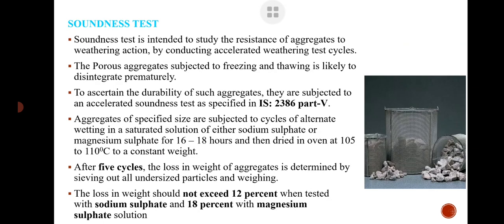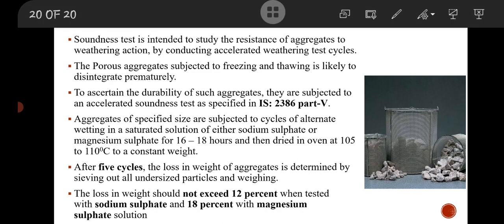Next, soundness test. Soundness means the chemical resistance property of aggregate, which is written in code IS 2386 part 5, and we use two chemicals, sodium sulfate and magnesium sulfate, in which the deterioration of aggregate should not exceed 12% in case of sodium sulfate, and in case of magnesium sulfate it should not exceed 18%.